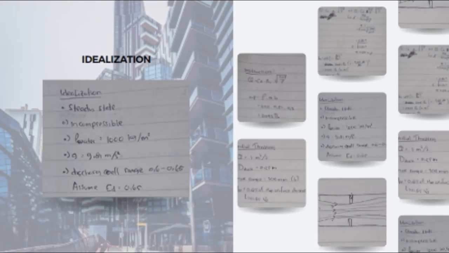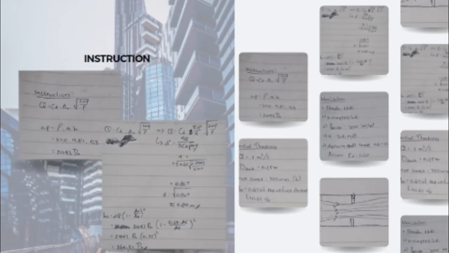So the instruction is, first we have to find the delta pressure with the equation delta P equal to rho times g times h. We input the numbers, and we get the delta pressure is 2,943 Pascal.